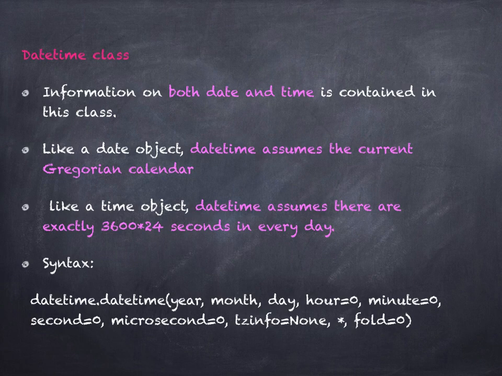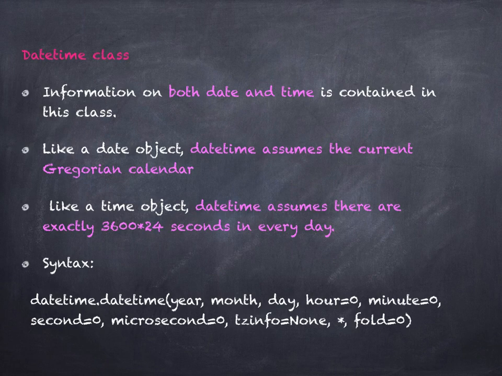Within brackets: year, month, day, hour, minute, second, microsecond, tzinfo and fold. The first three arguments specify the date, and the remaining specify the time. The first three arguments are mandatory, that is you must give them compulsorily.